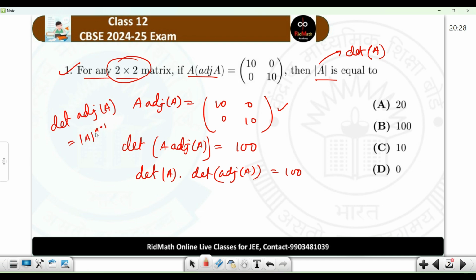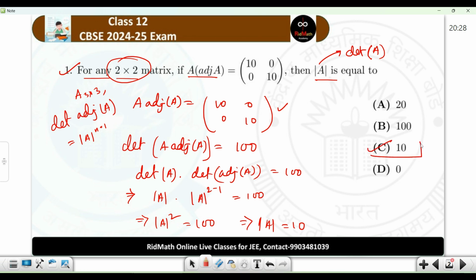What is n? n is the order of the matrix, 3 cross 3 or 2 cross 2, whatever. So this is det A into det A whole to the power 2 minus 1, because this is a 2 cross 2 matrix, that is equal to 100. So det A whole square is equal to 100. That implies det A is equal to 10. So option number C is correct.